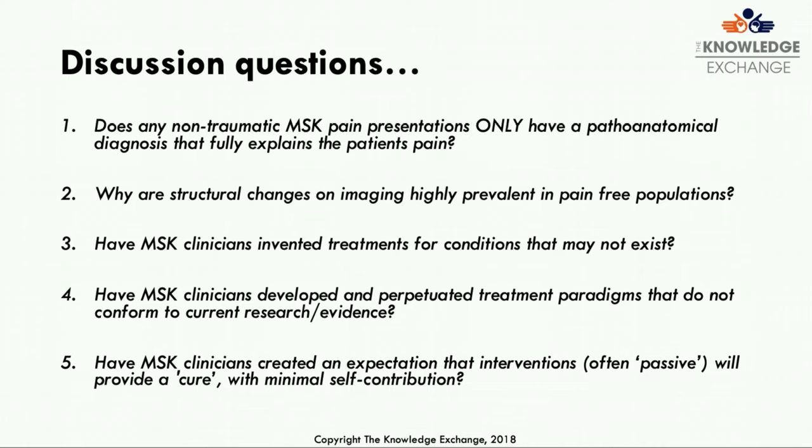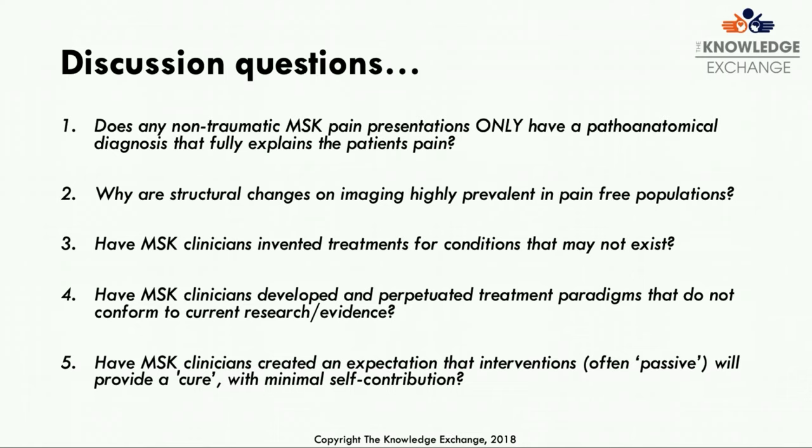I think that answer is quite obvious, but we'll touch on it more over the weekend. Why are structural changes on imaging highly prevalent in pain-free populations? Have musculoskeletal clinicians invented treatments for conditions that may not exist? And we'll talk about other treatment mechanisms that we often use.